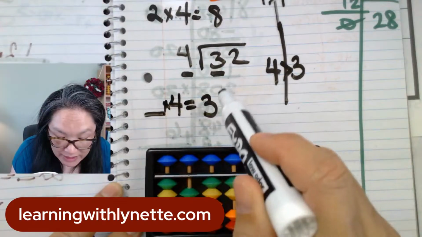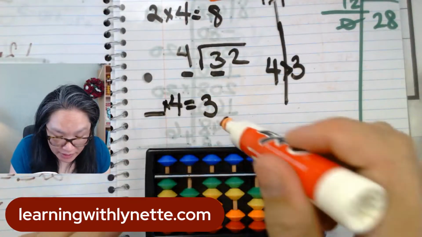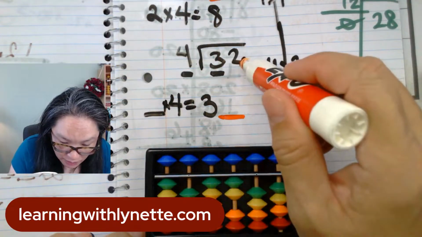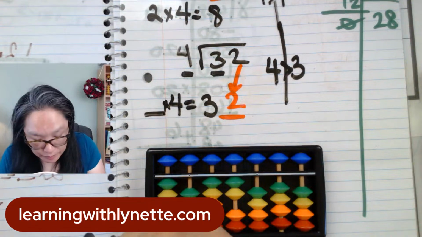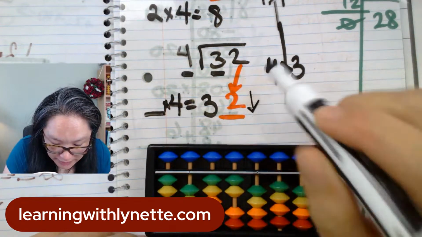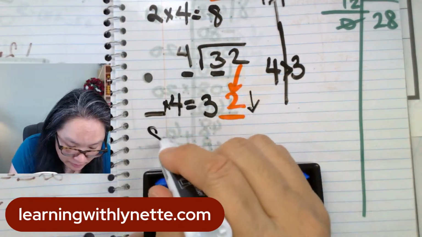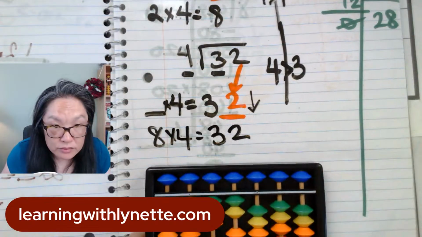That's what we're doing. But it's not enough. We need to make it a double digit. We need to bring in this. That's where you bring that here, 2. 32 or less. 8 times 4 is equal to 32.